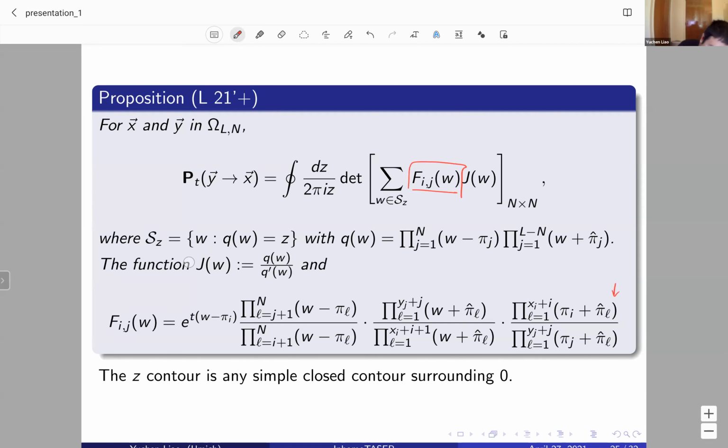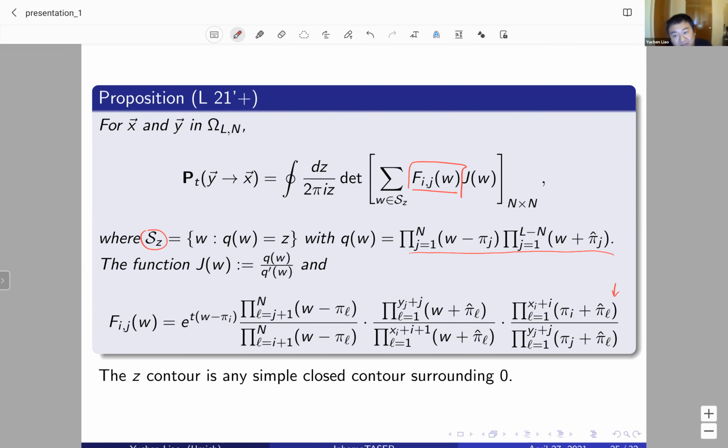What is this Q? This Q is a polynomial in W, looking like this, very natural, which encodes those inhomogeneities. And this discrete set S_Z consists of all solutions of the polynomial equation Q(W) equals Z with some complex parameter Z. That's the only place where this Z appears in this determinant. So that's it.